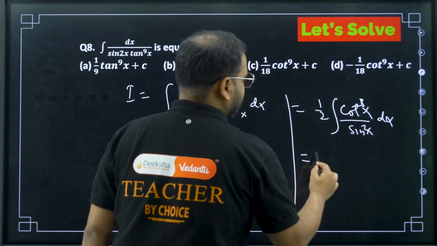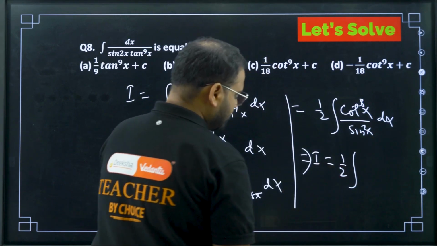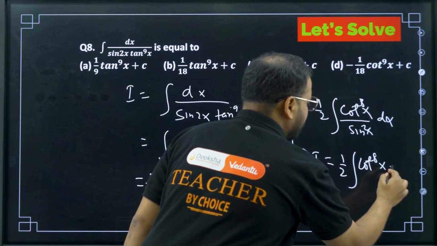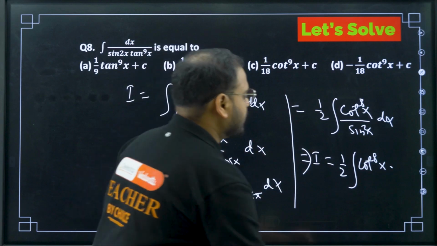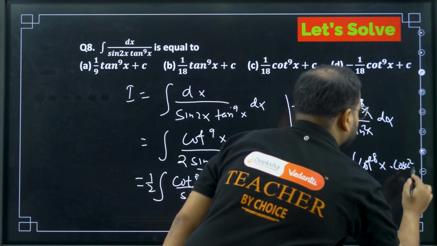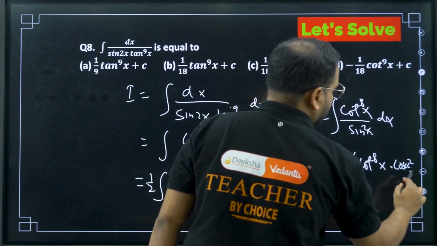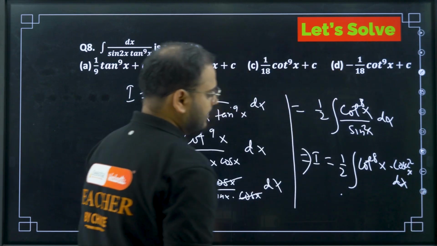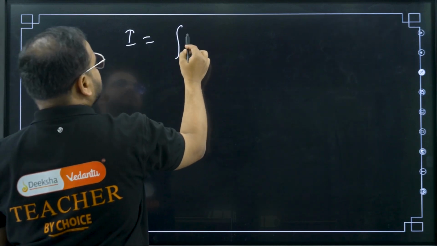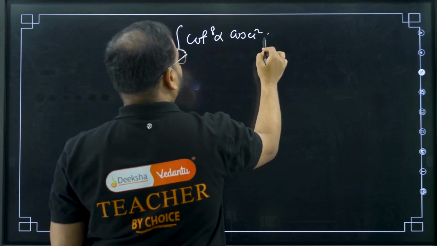I can rewrite this: my integration I equals 1 by 2 of cot 8x multiplied with 1 by sin square x, which is cosec square x, dx. So my I is the integration of cot 8x and cosec square x dx.